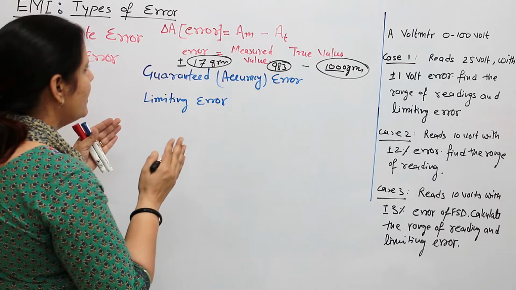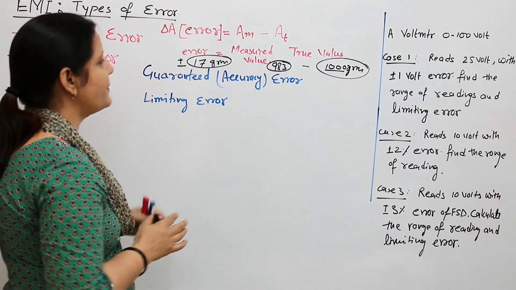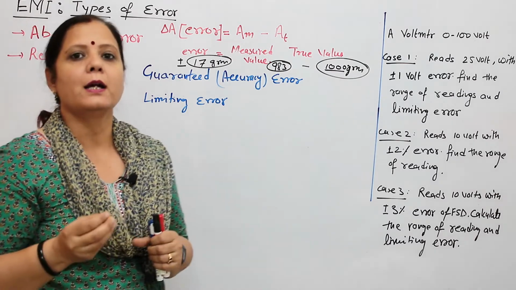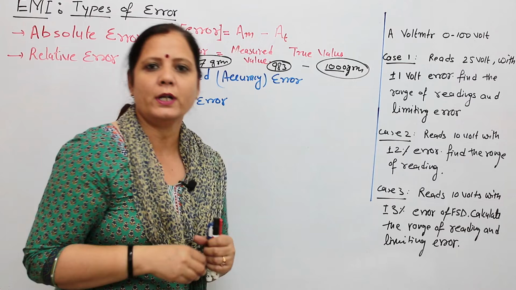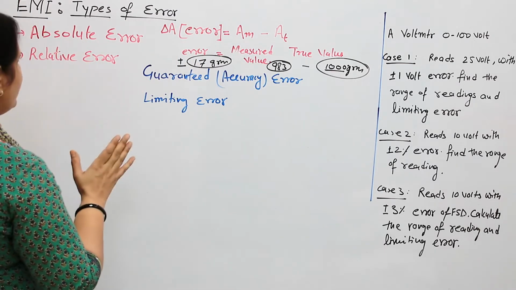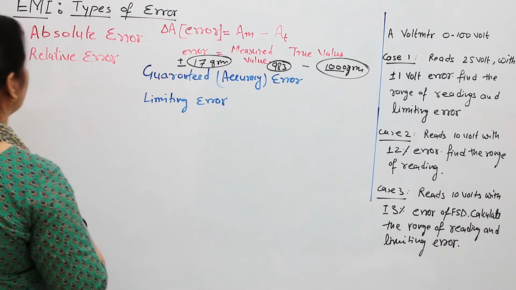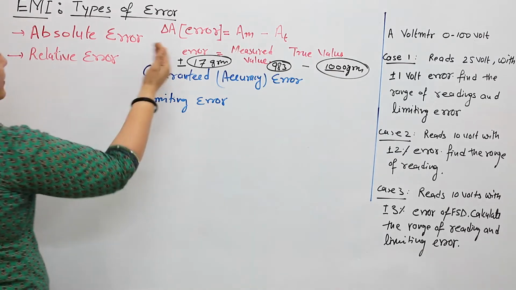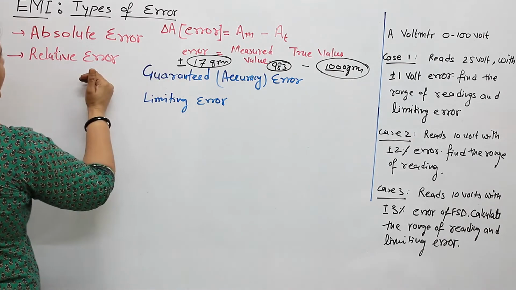Now, in which different types can we categorize the error in the measuring unit? In a very broad classification, we subdivide types of error into absolute error and relative error.